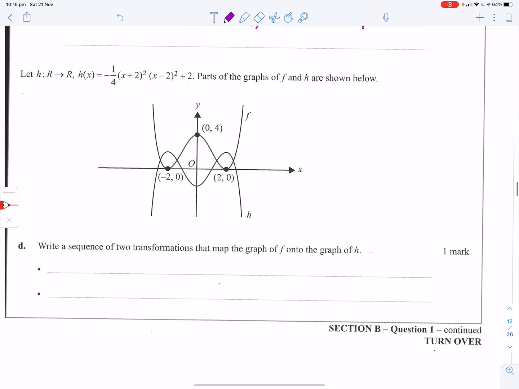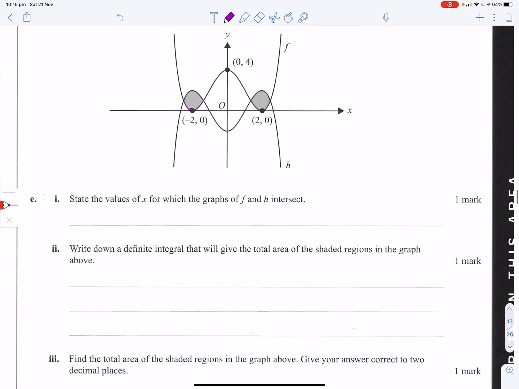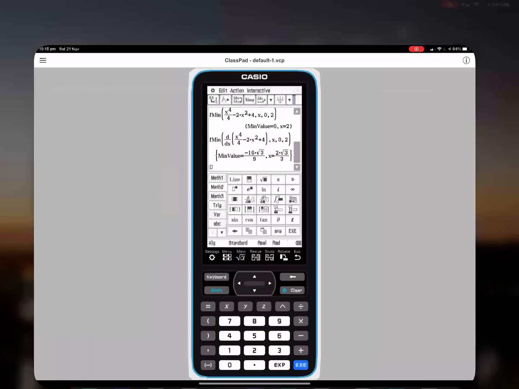Okay, so we can say it's reflected in the x-axis, translated 2 units in the positive y direction. Okay, state the values for which the graph of f of x and h of x intersect.